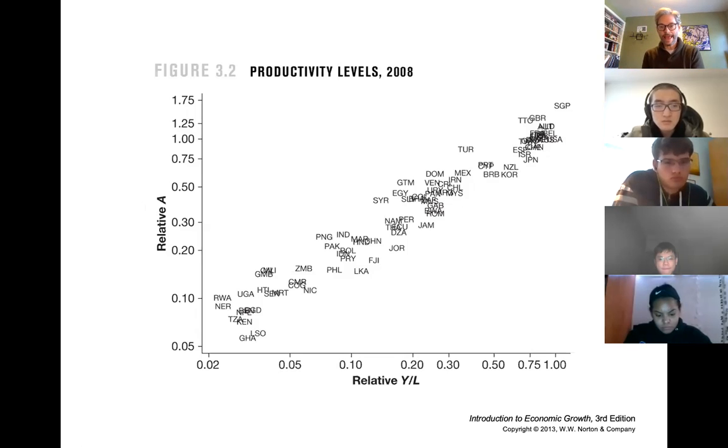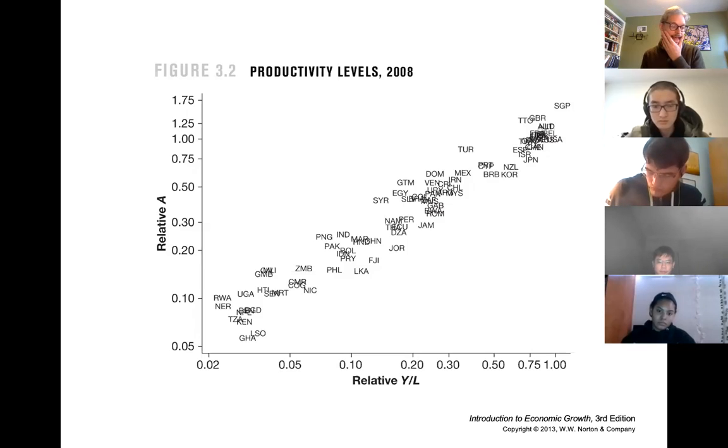So if we said A adjusts so that our model perfectly predicts output, what is that A? And what we can see here, not surprisingly, is A tends to be very high in rich countries and it tends to be very low in poor countries. Okay, I mean, that is not a surprising idea. That's pretty intuitive, right? That's still the thing that this model is missing.